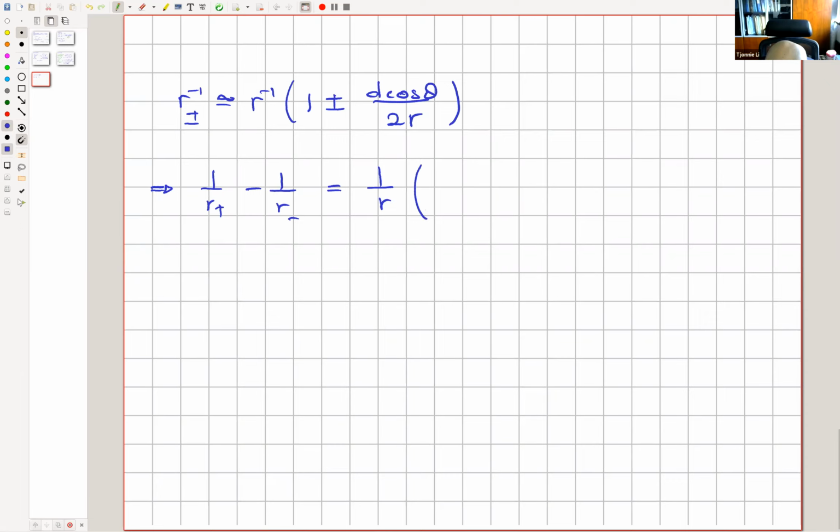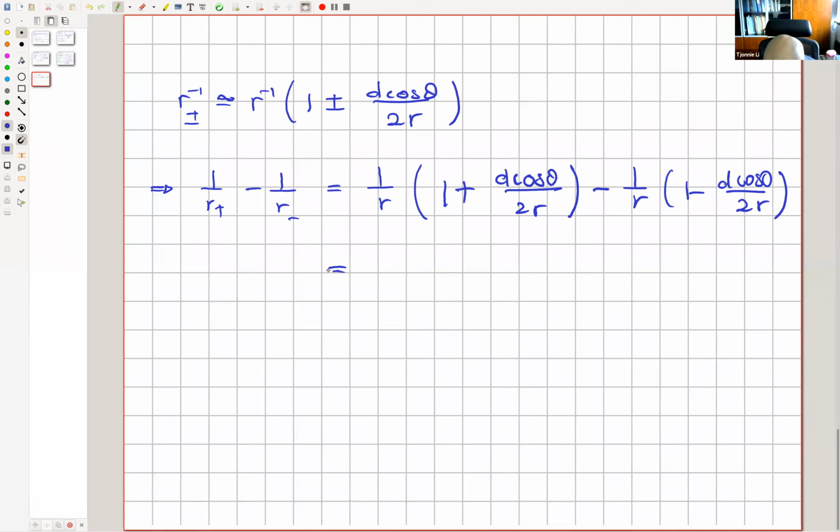And then I get 1 plus d cosine theta over 2r minus 1 over r times 1 minus d cosine theta over 2r, like this. Okay, the 1 over r drops out.